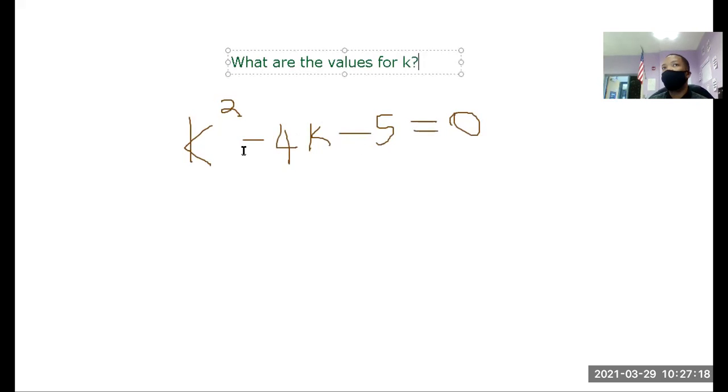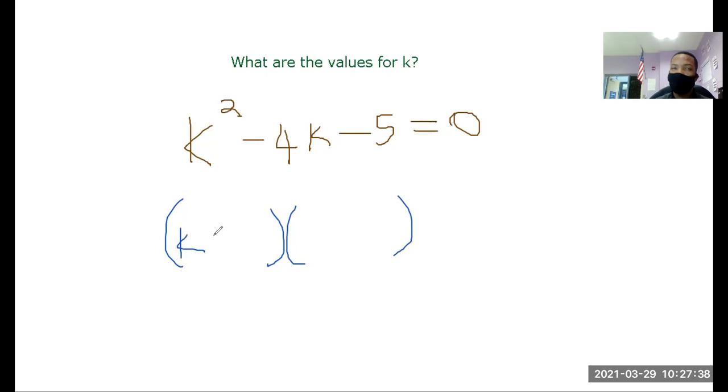So in order to solve this, like we'll get a regular equation, we say 2x plus 3 equals 0, and we go through, we find x and let x be by itself. With this, in order to do this, we have to factor first. And we factored it, and we already know that it's going to be k minus 5, k plus 1.